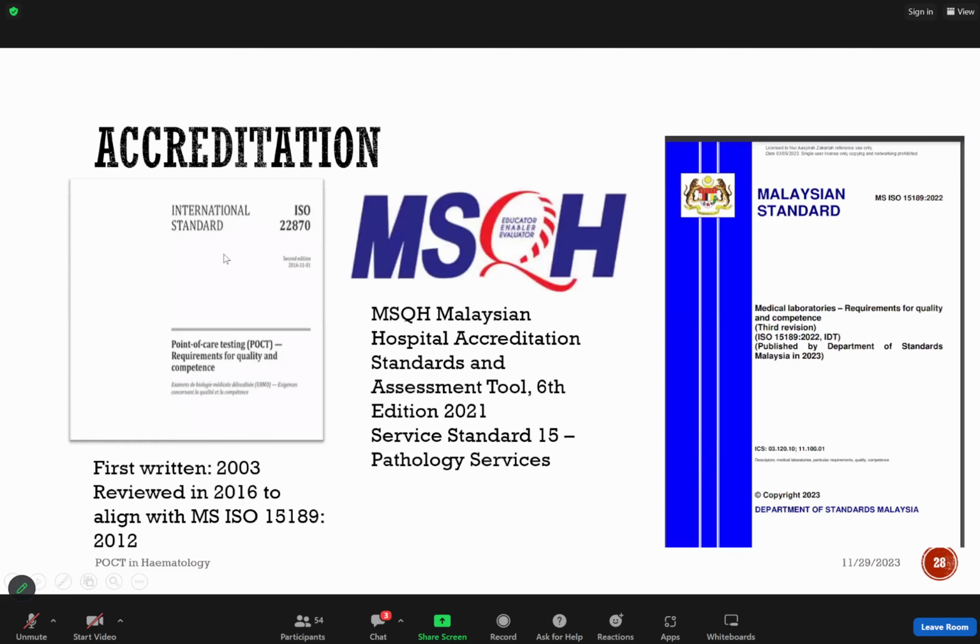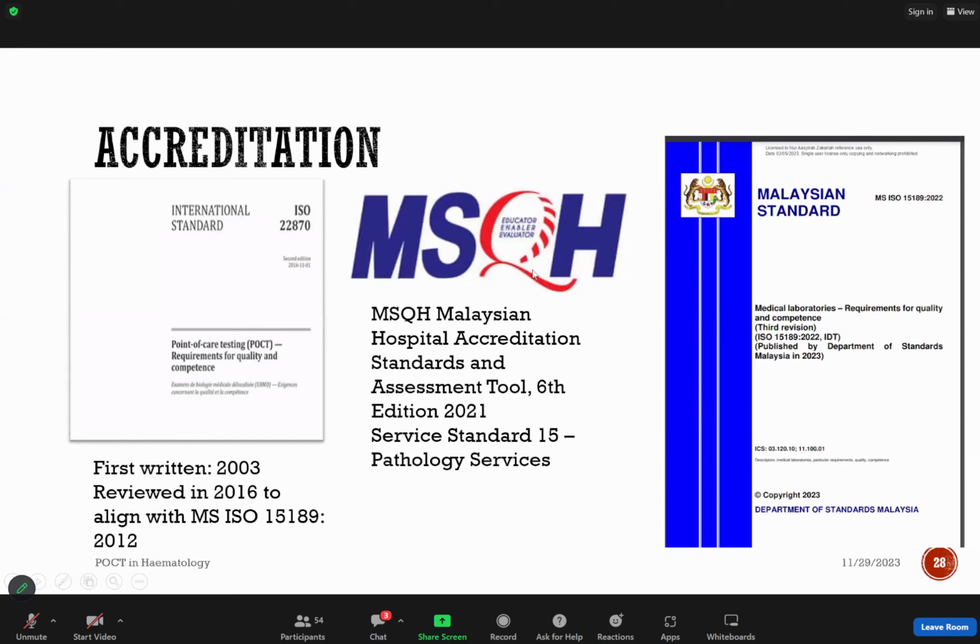Okay, as for accreditation, previously we had the international standard pertaining to POCT, which is ISO 22870. This was first written in 2003 and reviewed in 2016 to align with MS ISO 15189 2012.